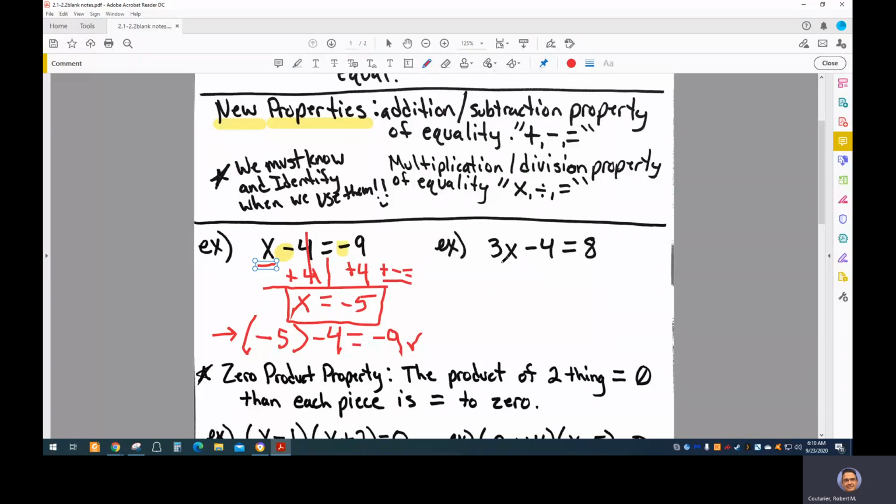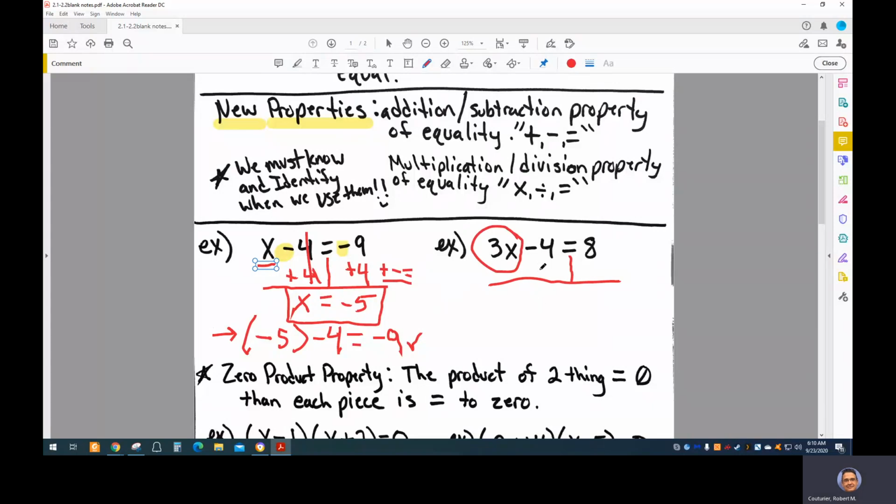Ooh, this one, look, we have more going on here. So again, let's just start off with our little scale. All right, x is over here. I'm circling this because that's where my x is, the term that has my x. I can't do anything with this until everything else is gone from this side here. So I have a minus 4.